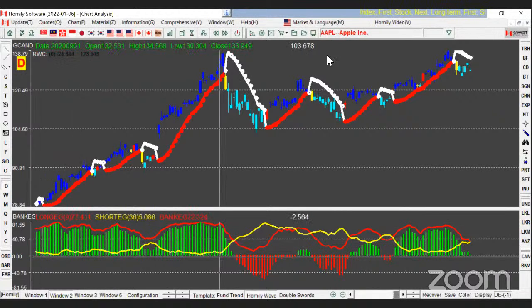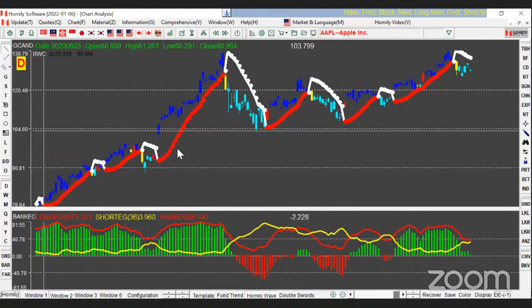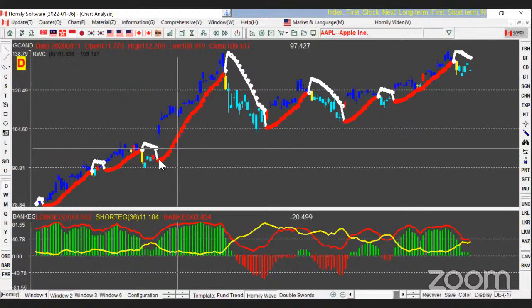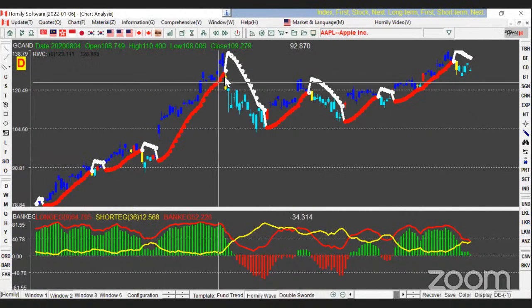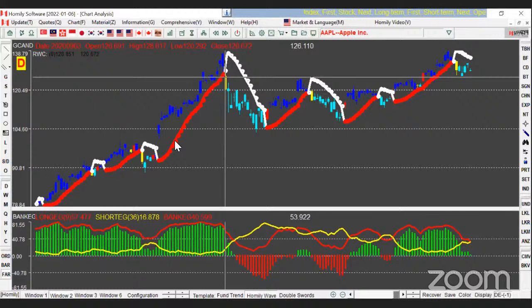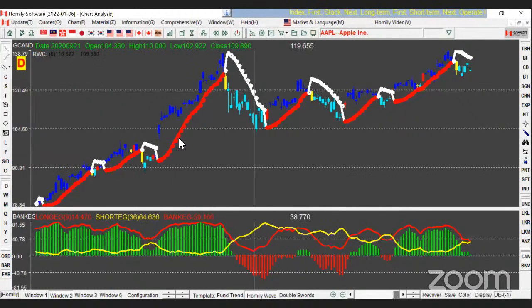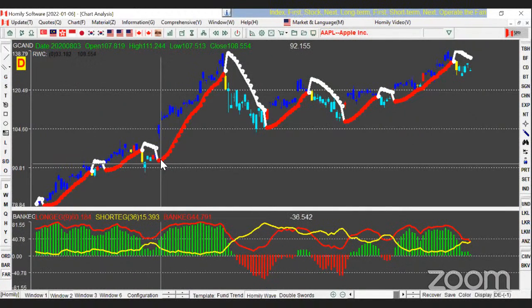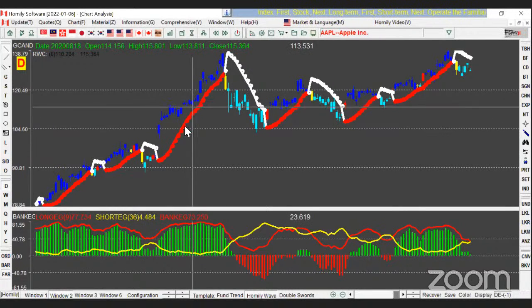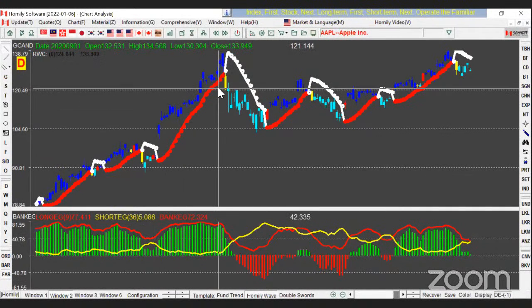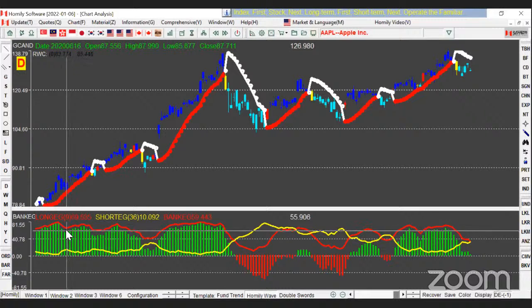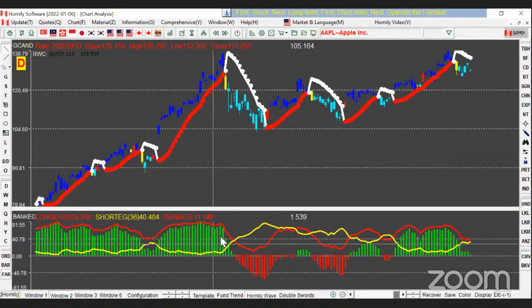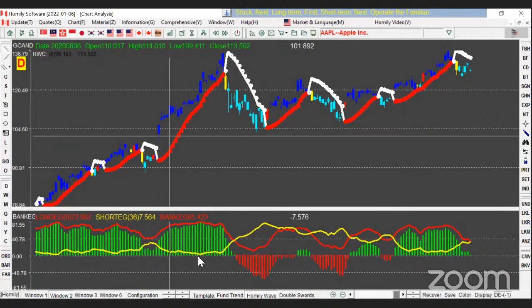If you check the model here, we can see the red and white circle. This is the trend indicator, only it is for short term. It's a short term trend indicator, but it's still a trend indicator. And then banker energy, this is the fund indicator, still trend plus fund.